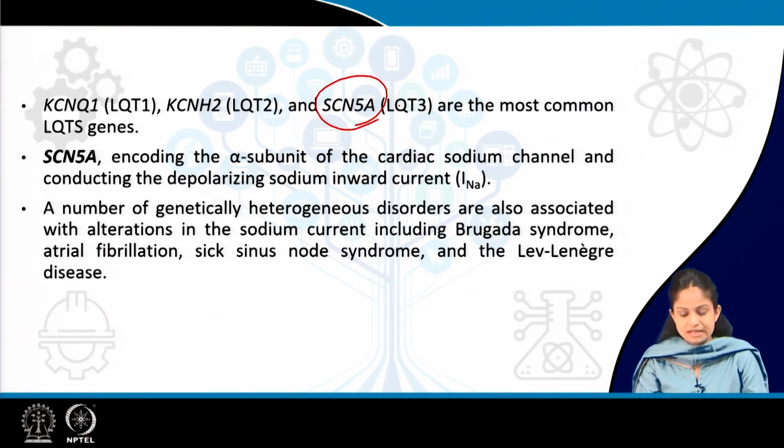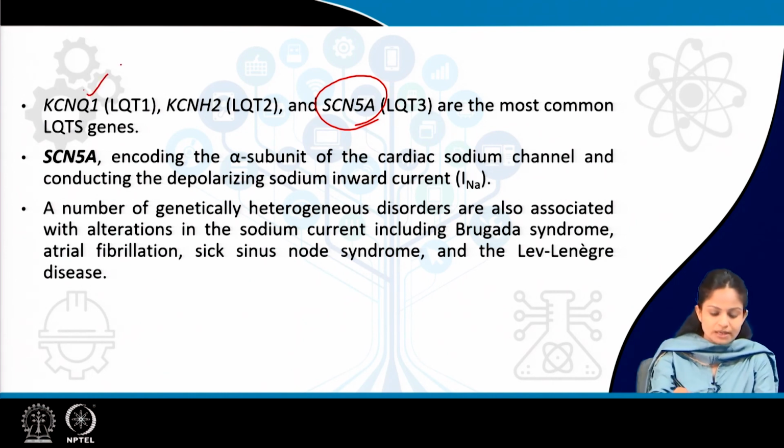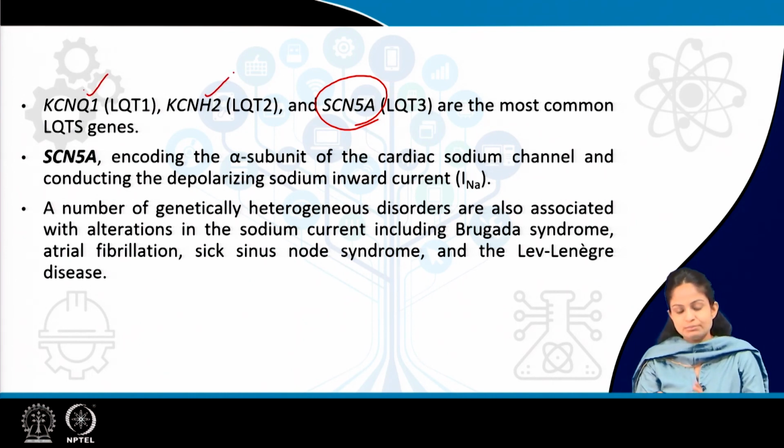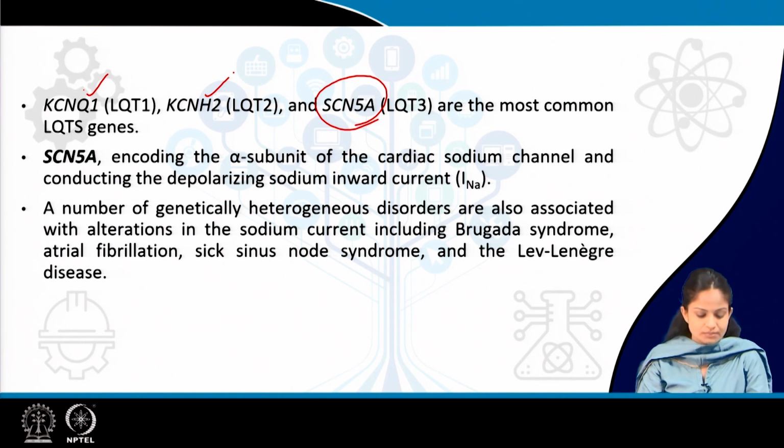Specifically seen in the heart, these are most commonly involved. Besides, we have KCNQ1 and KCNH2. These are the potassium channels which are involved, but we will study that later. So, the sodium channel gene SCN5A is mainly involved in long QT syndrome.